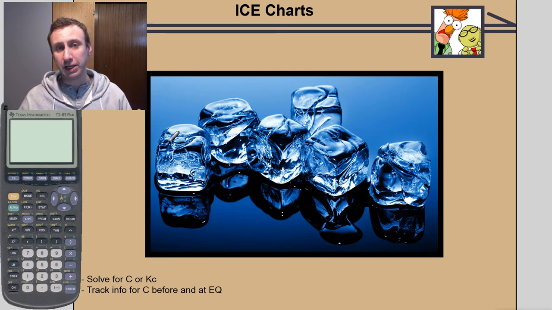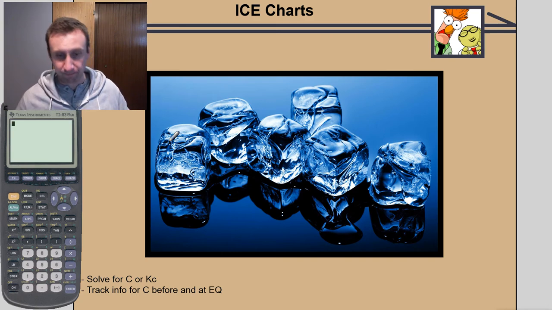So what the problem is asking me in an ice chart is either to find a concentration initially, so that's before equilibrium was established, what was first put into the reaction vessel, or to find a concentration at equilibrium, or alternatively to find an equilibrium constant, and I'm missing some information. Maybe I've got some I concentrations or some E concentrations, but not all of the E concentrations.